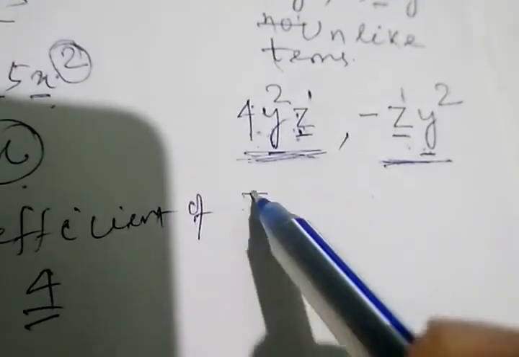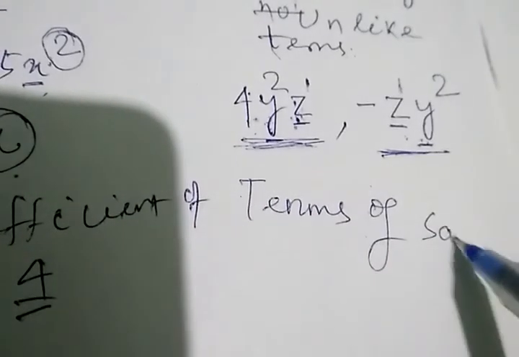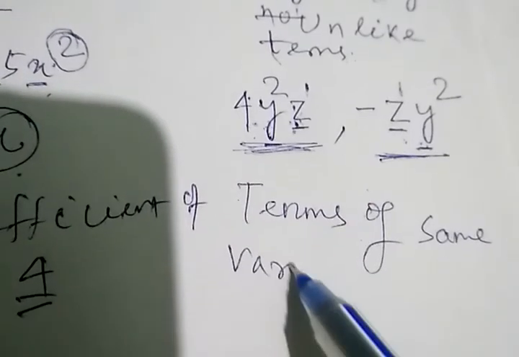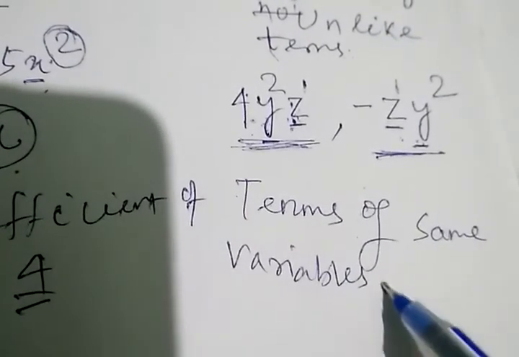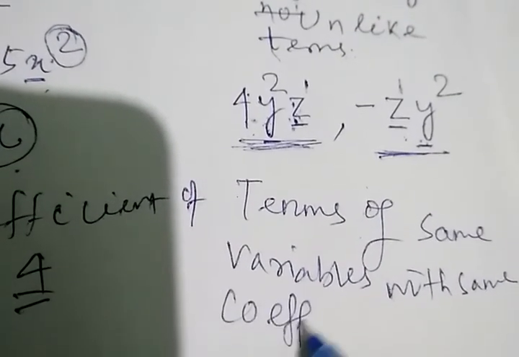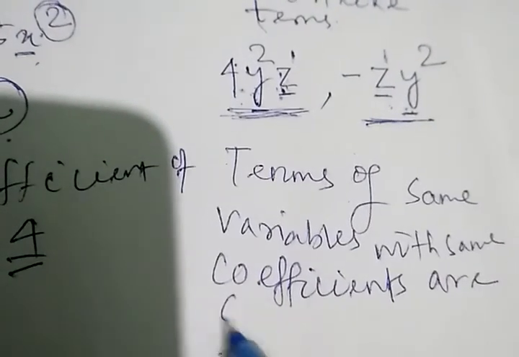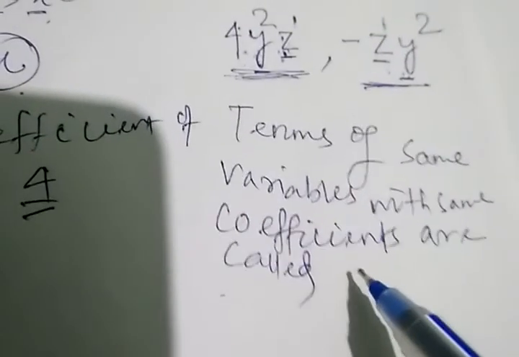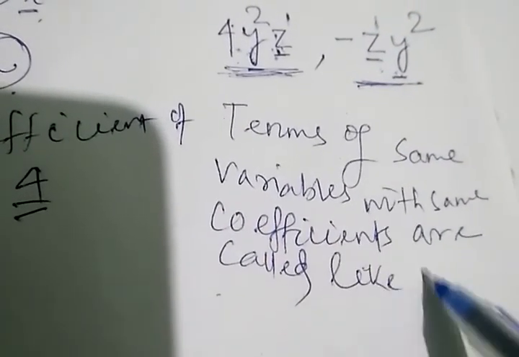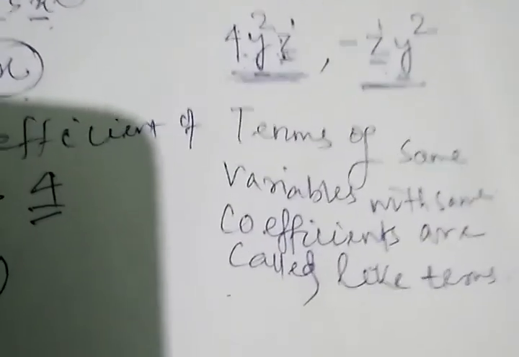So like terms means terms of the same variables with the same exponents are called like terms. Clear? How to add like terms, that we are going to discuss in the next class.